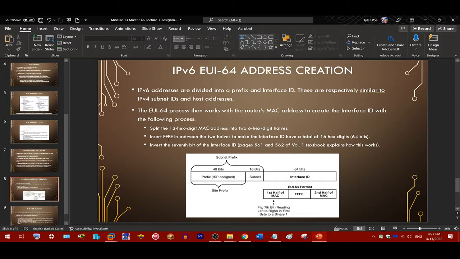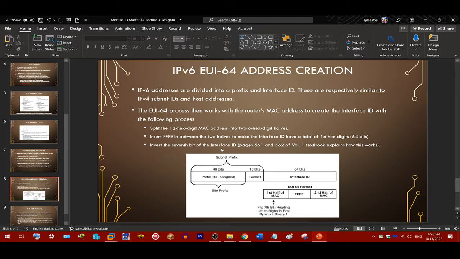This process also works on your computer as well. The first step is to split the 12 hex digit MAC address into two 6 hex digit halves. So basically it splits your MAC address in half. It then inserts this string in between: FFFE goes in between the two halves of your MAC address.